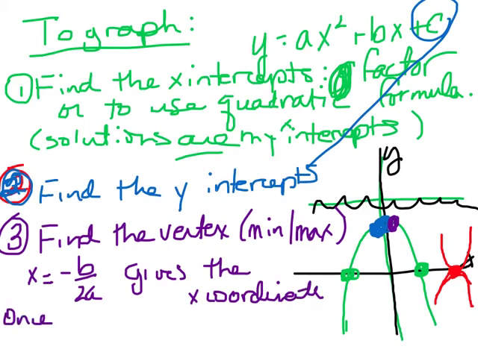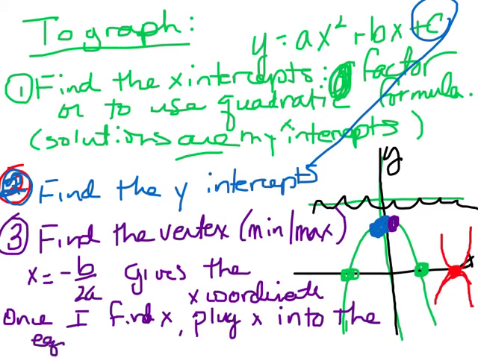Once I find x, what did I do to find y? I'm writing it down. What did I do? Didn't I stick it in the equation? I go back to the equation, I put that x value in, find the y value that goes with it, and that gives me my vertex. Let's do another problem so this makes more sense.